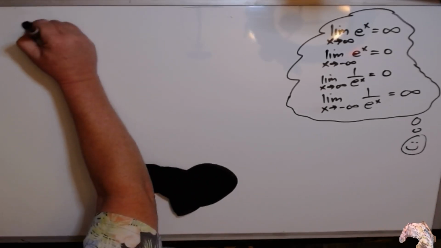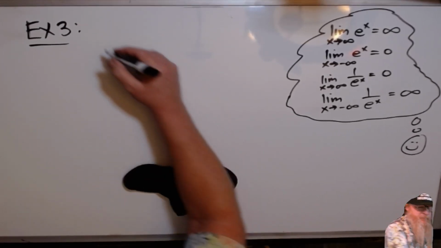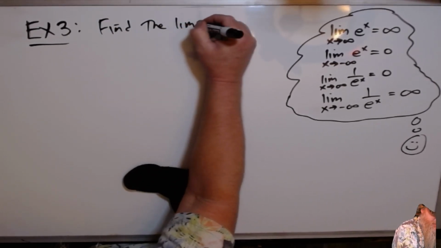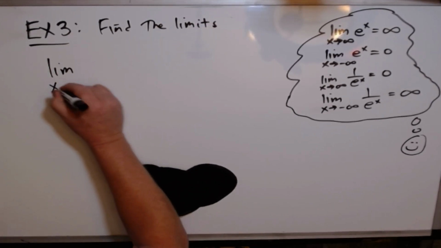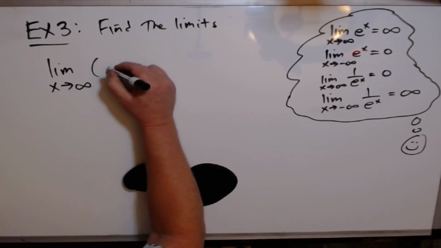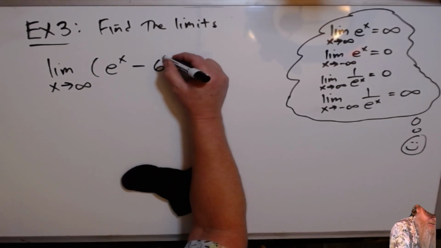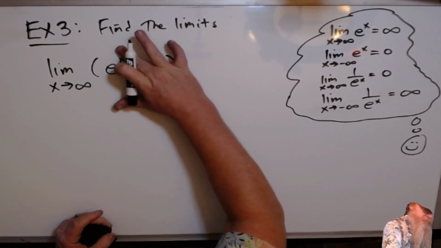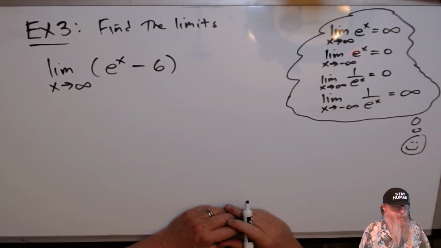Well, let's just get right to it then. Example 3. Find the limits. Now, limit as x goes to infinity of e^x minus 6.